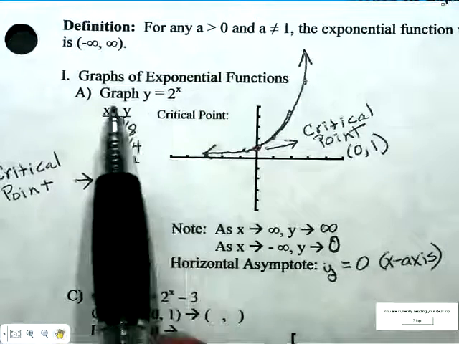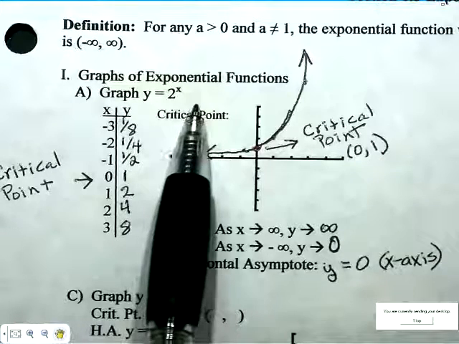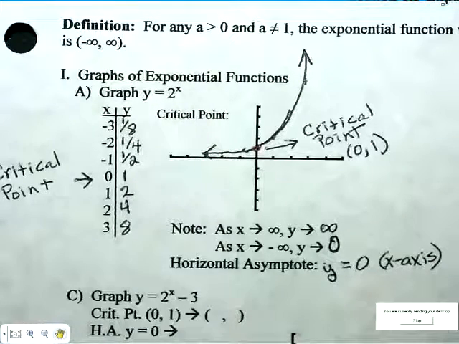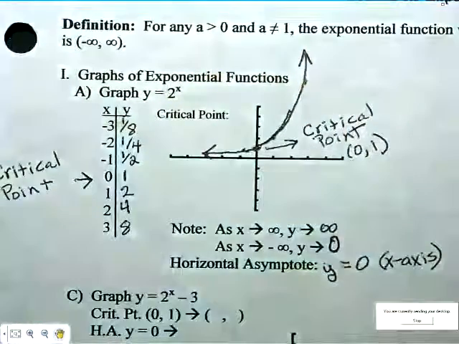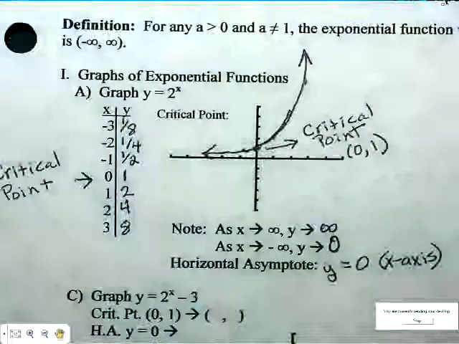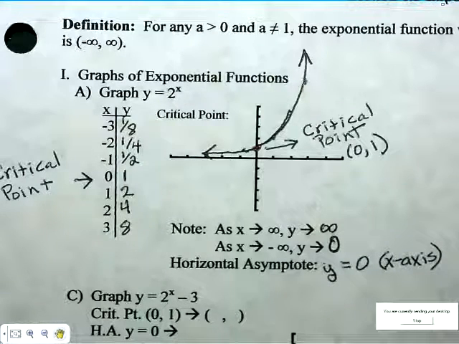What if the base was negative 1/3? Then it's not an exponential function because we've restricted the bases here to being positive. So it's critical because that's where the graph really changes shape, and that's on the graph of every exponential function regardless of the base.